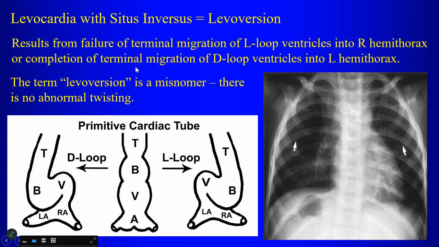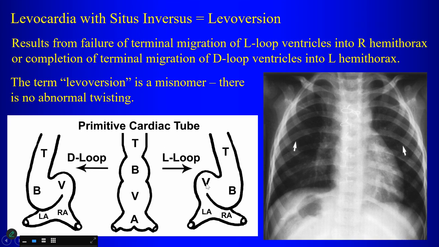So what causes levoversion? There are two causes of this: failure of terminal migration of L-loop ventricles into the right hemithorax, or completion of terminal migration of D-loop ventricles into the left hemithorax. So what do we mean by that?